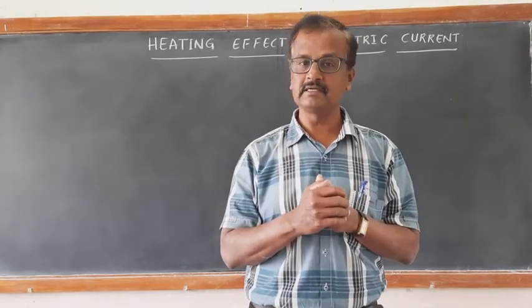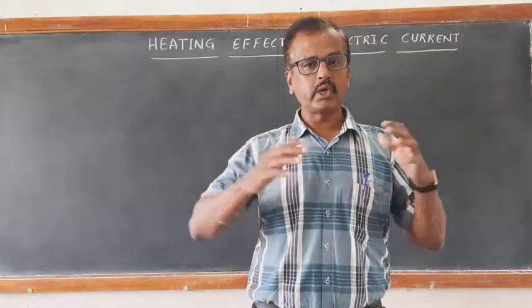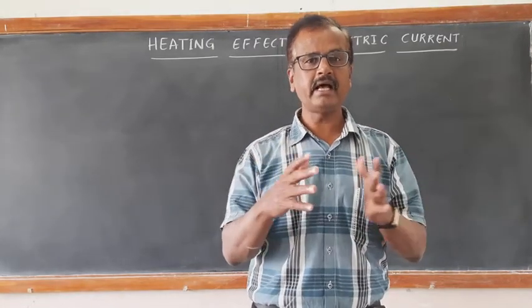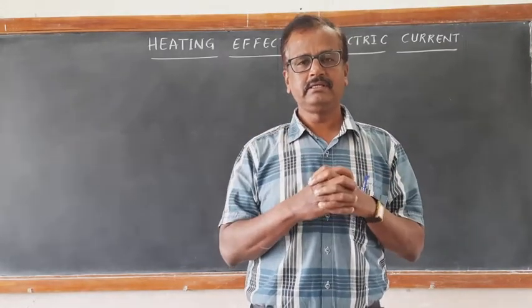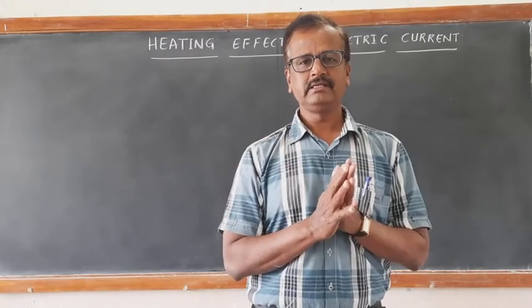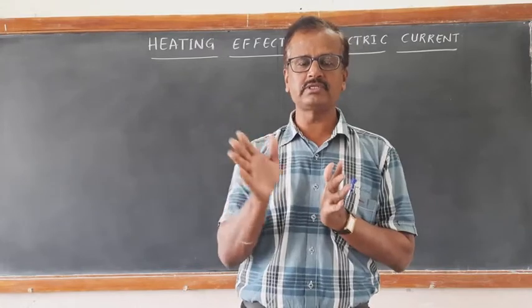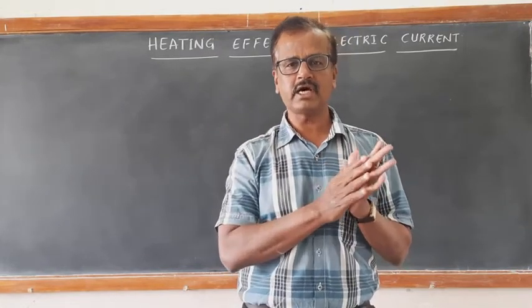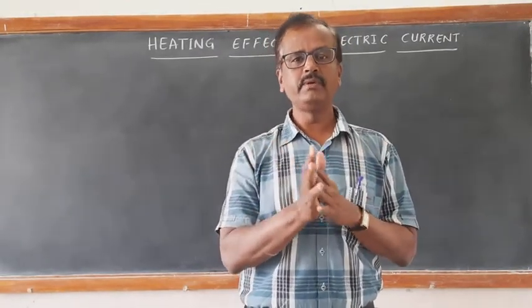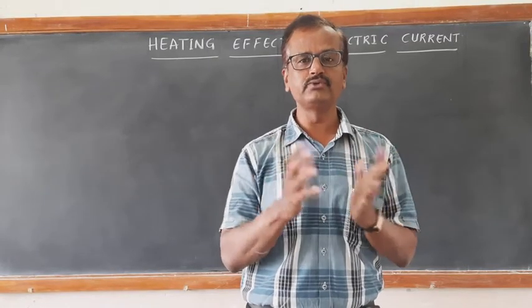That is the interesting thing. Continuously the battery has to supply the energy. What happens to this energy? This energy that is supplied in driving the charges through the resistors will be utilized for doing useful work.